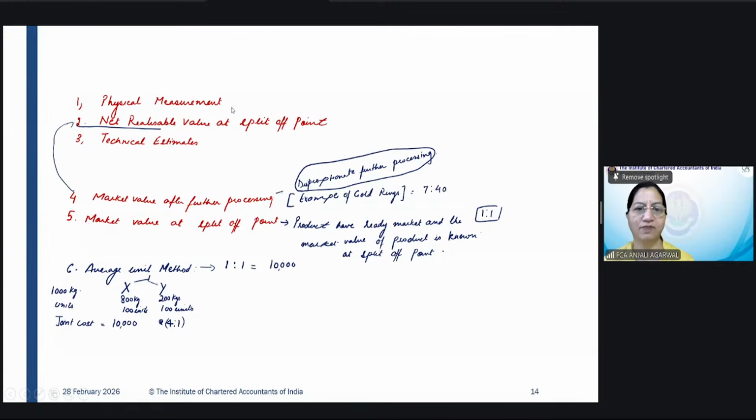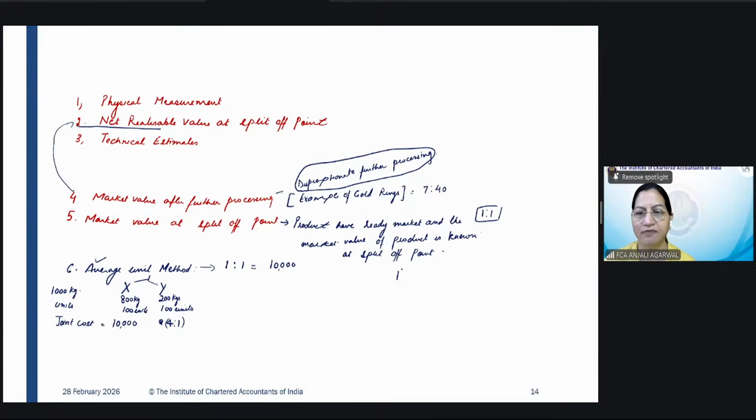But if we don't have the physical measure, we use average unit method, but average unit may not be the appropriate method. Particularly, once again, if the quantity of physical raw material contained in units is different, if one of it is very heavy and the other is very light.